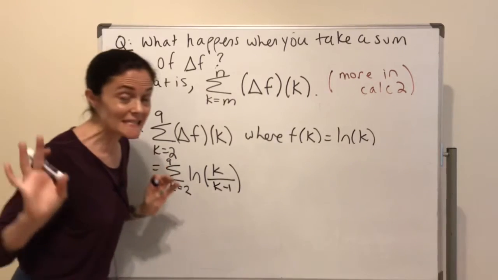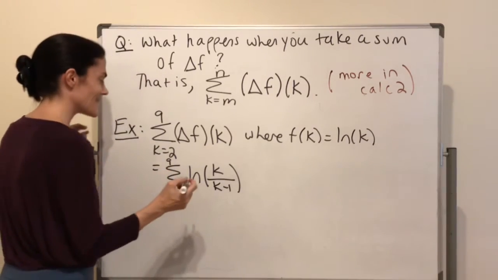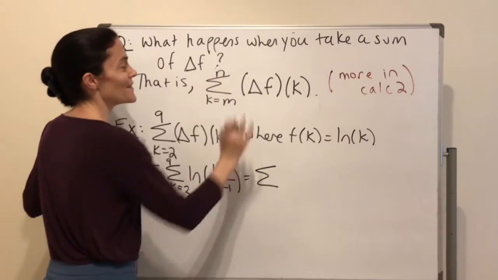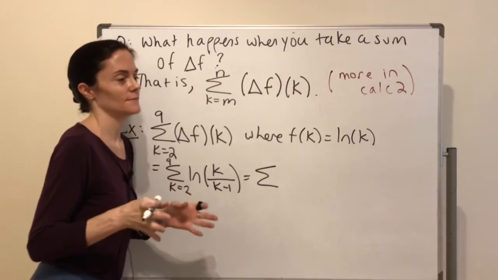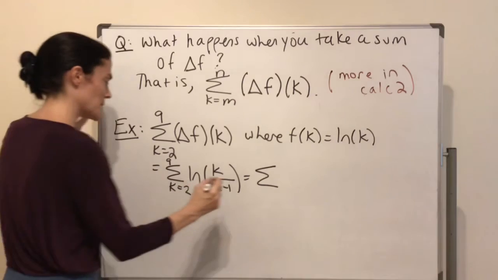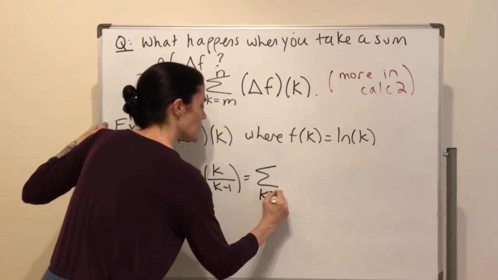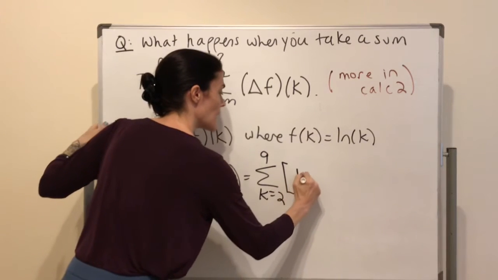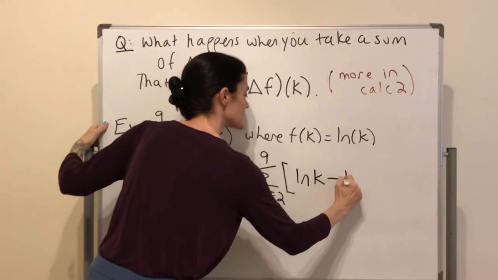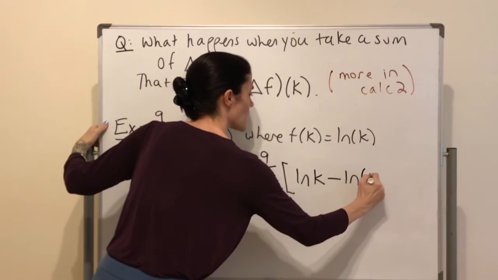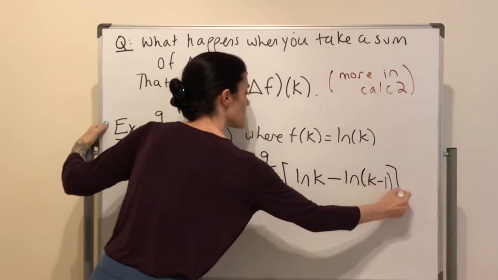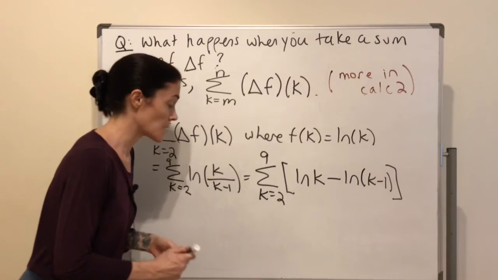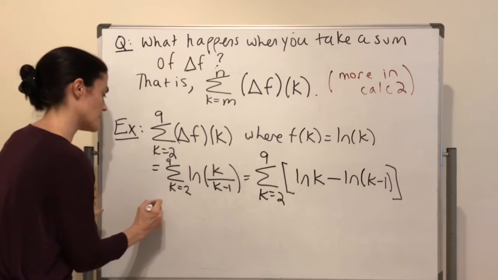Well, to really see what's going on here, and generally if I had a sum of a difference, I wouldn't use the simplified form. I would do exactly how we started before I wrote it like this. So this would be ln k minus ln k minus 1. Okay? So let's start writing out some terms and we can see what's happening.